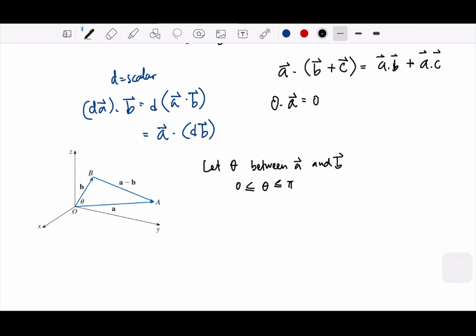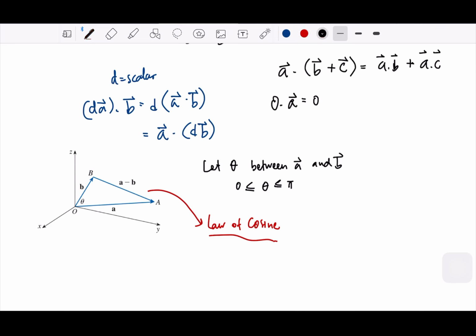So if we apply the law of cosine, you need to compute all the magnitude values of these vectors, and then using the law of cosine, I'll just write the result, no need to prove.